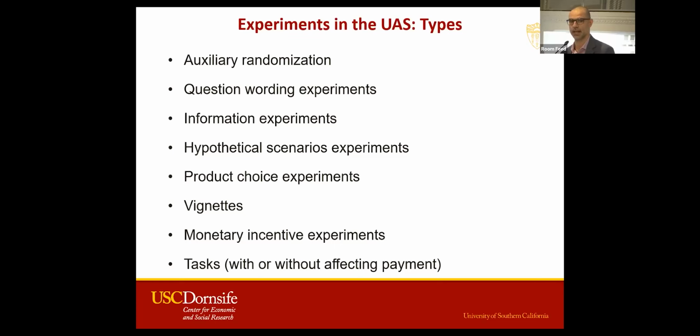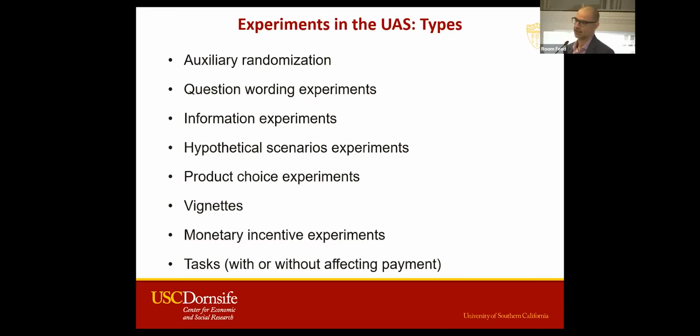He lives with another household member. He makes $100,000 a year. He pays $2,000 a month in rent. How difficult do you think it is for John and his household to make ends meet? That's one type of vignette that we use, and we have tons of examples of this type.